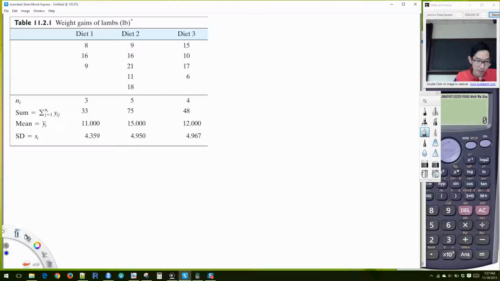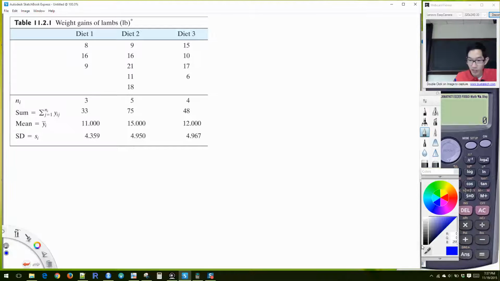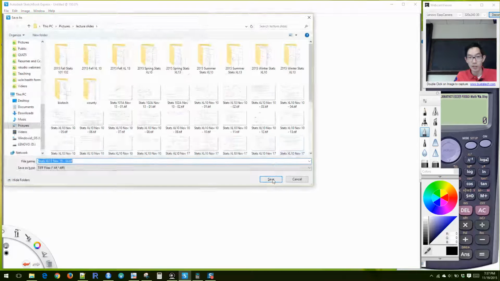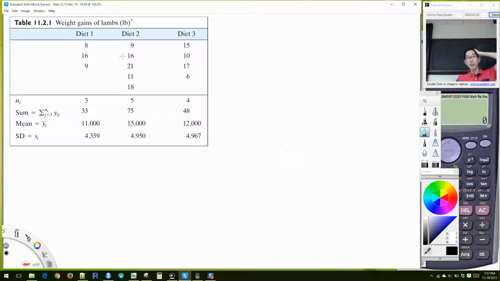We're looking at the weight of some lambs here, and we're basically saying we're putting them on 3 different diets. Okay, there's diet 1, diet 2, and diet 3. You can copy the table into your notes if you want. You don't have to. It might be good.